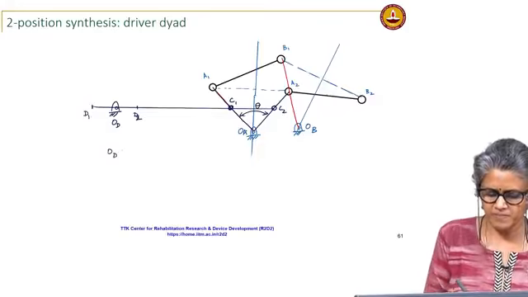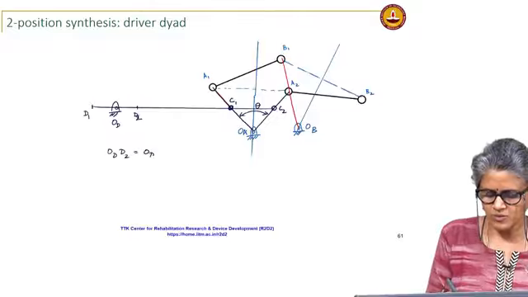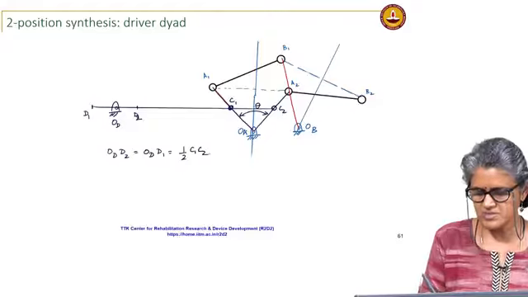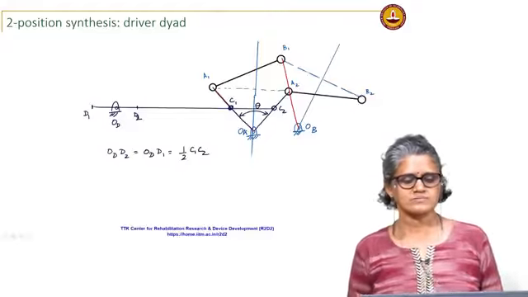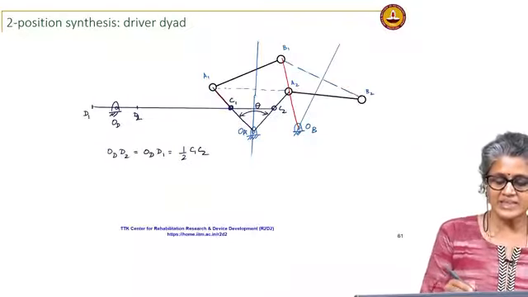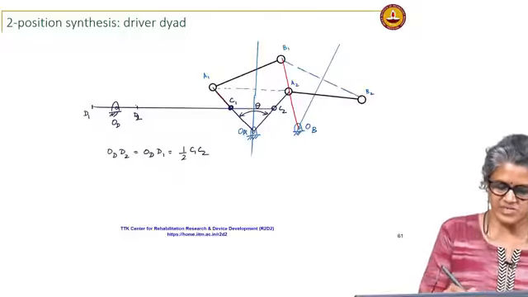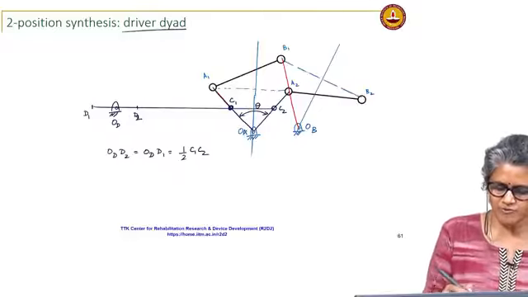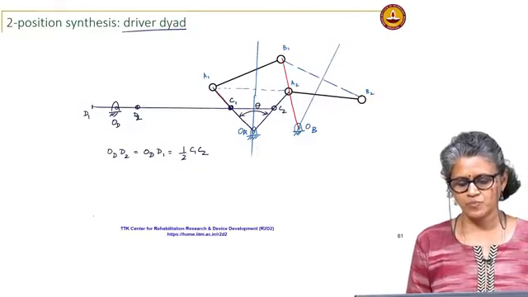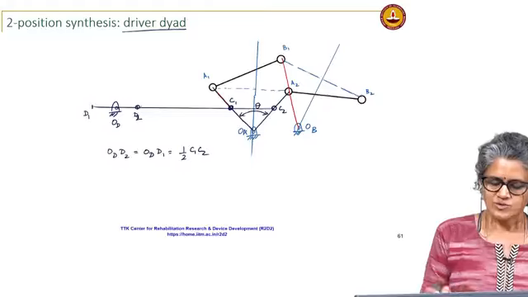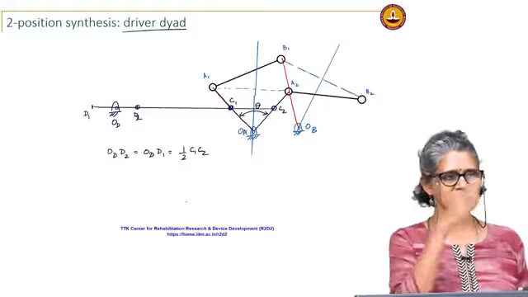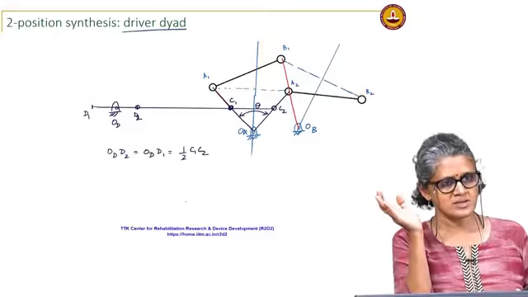So, OD D2 equal to OD D1 equal to half of C1 C2. And so I am adding these two links now. That is why we call it a driver dyad, two links, OD and CD. So, OD and CD, when I add it to this linkage, it is now limiting the motion of this 4 bar.